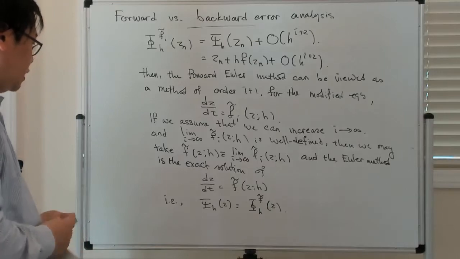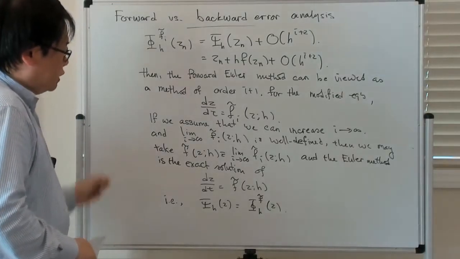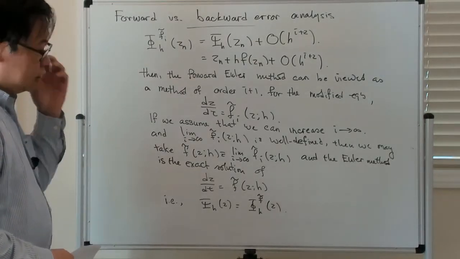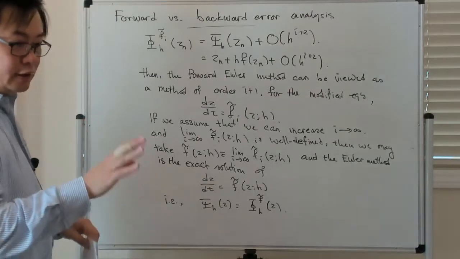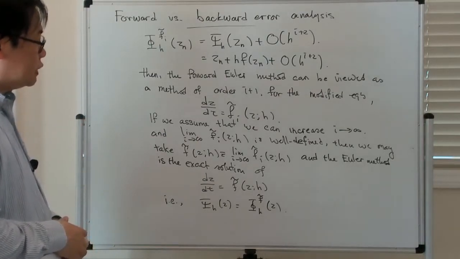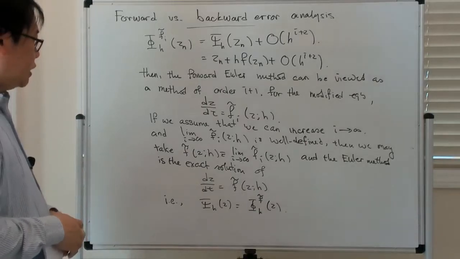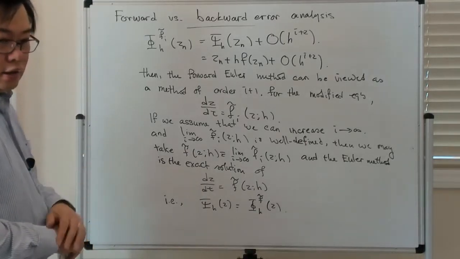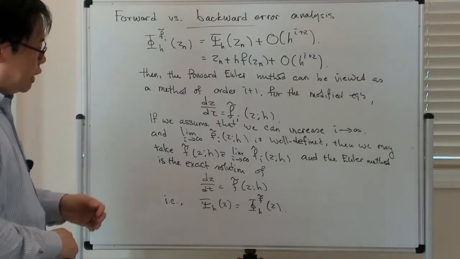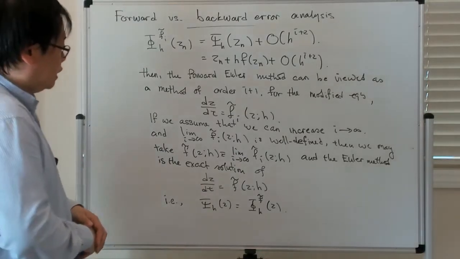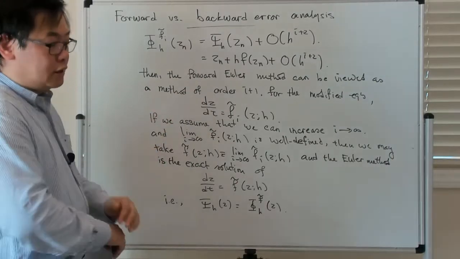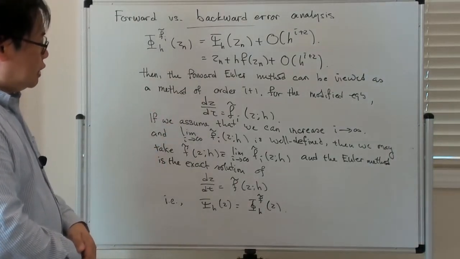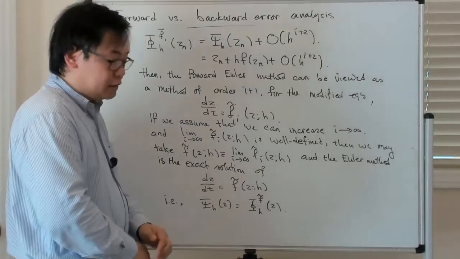In practice, you oftentimes find that the series diverges. Instead of a well-defined series, you get what is called an asymptotic series, and then you have to truncate the asymptotic series in a good way, assuming certain analyticity or regularity properties of the vector field, and then you don't have this exact correspondence.